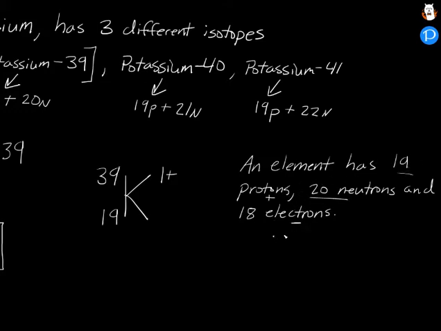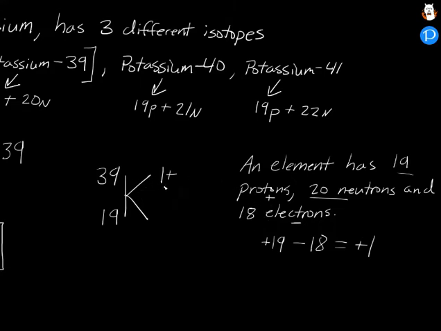So I've got 19 positive charges and 18 negative charges. I have an overall positive charge. And how much overall positive charge? If I were to add these two things together, I would be left over with positive 1, wouldn't I? And so that's the charge on this potassium ion, is what we would call it, because it has lost an electron.